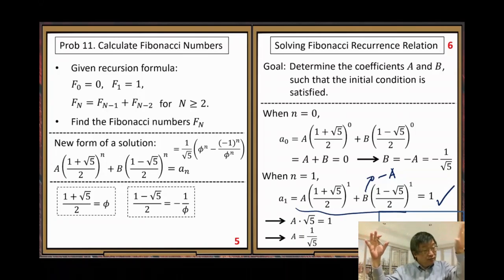First solution coming from T1, phi to the nth, minus second part from T2, negative 1 to the nth over phi to the nth. That's exactly the formula for the Fibonacci numbers we're familiar with.